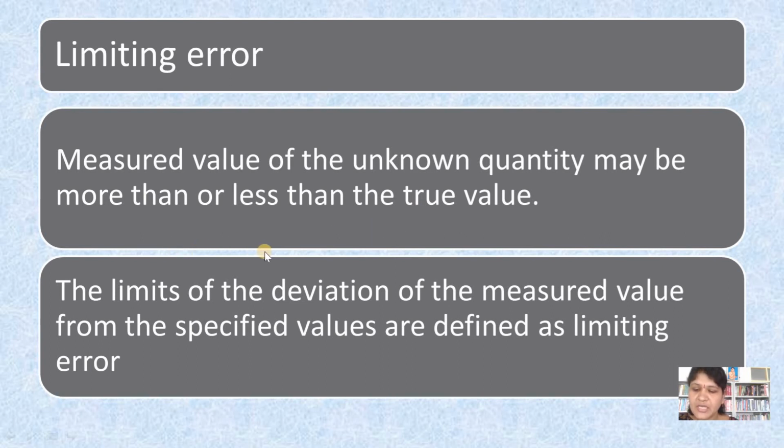Suppose the measured value is denoted as AM, the true value is A, and the error is del A, the difference between the two.